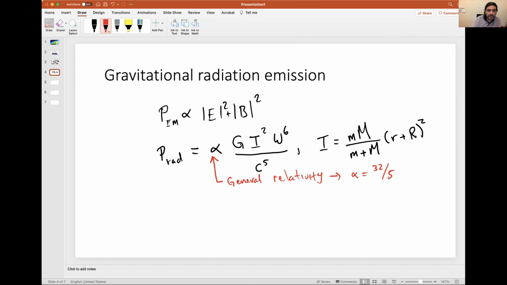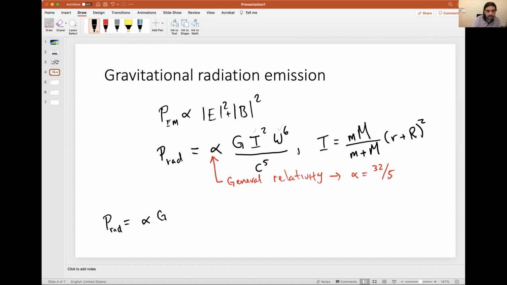All right, so then what I'm going to do is just grab this equation right here and start putting in things that we know. At this point, we know this one and this one, right? From the previous equation and this one. So if I do all the algebra, we have that the gravitational radiation emission is that constant that I didn't know what it was.